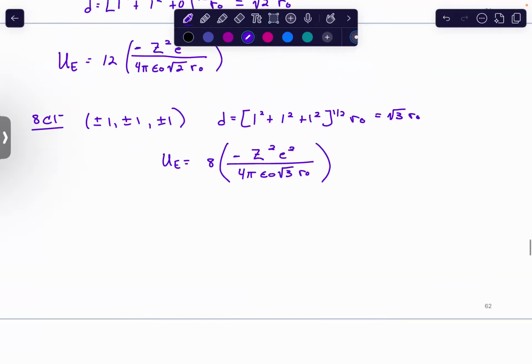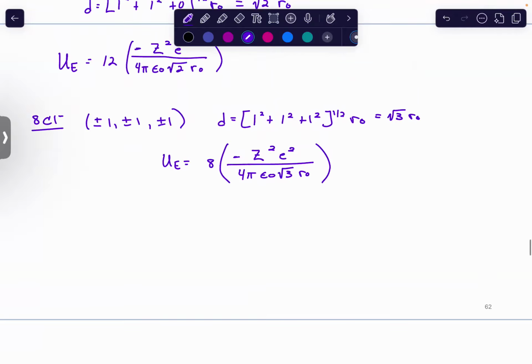So now let's look at this as a total. Of course, this is just a small section of the crystal. We could just keep going and going, but this proves the point.